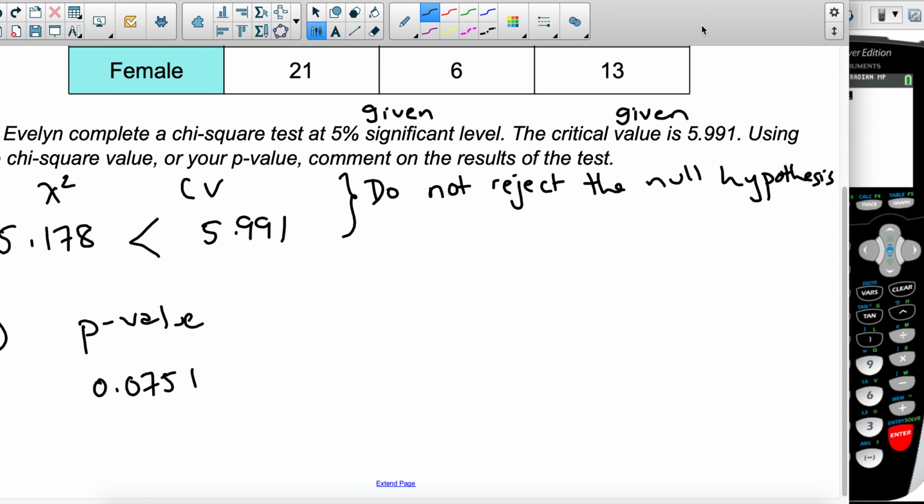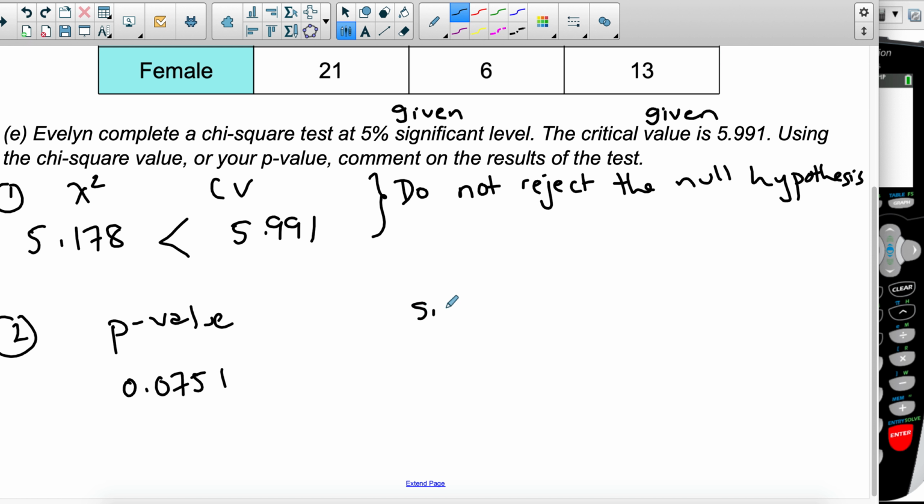You compare your p-value to the significance level, whereas you compare your chi-square value to your critical value. So the significance level is basically taking this 5% and then just changing it to a decimal. So 5% is the same as 0.05. I just divided it by 100.